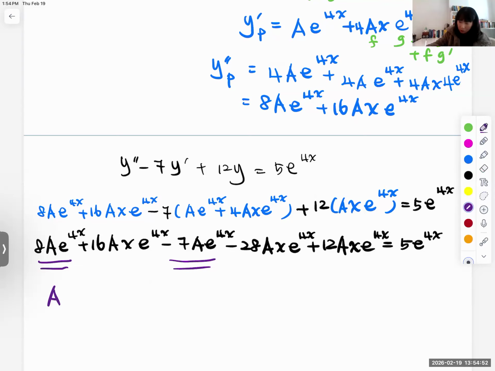Okay, I can use the same color. 1a e to the 4x and this one, this one, this one. Okay, so we get 16 plus minus 28 plus 12. So what do you get for this one?